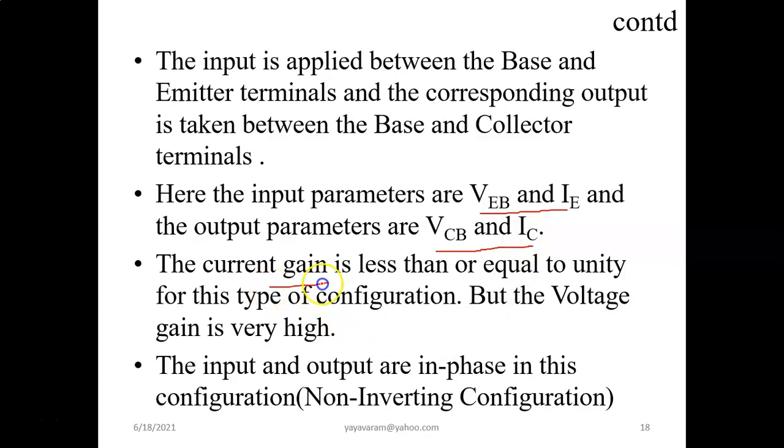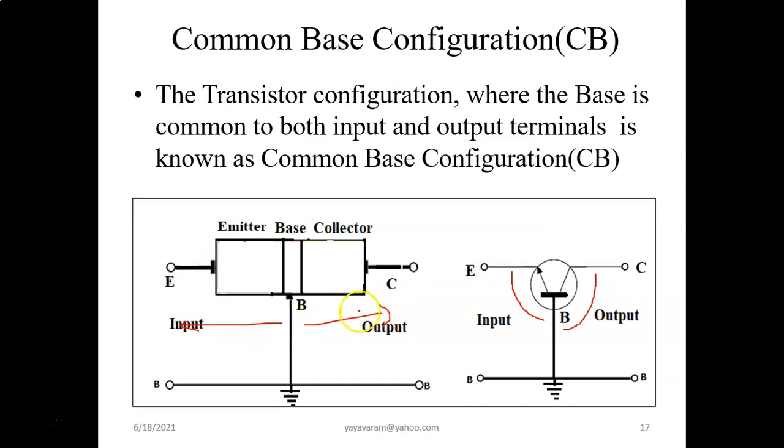So the current gain is less than or equal to unity. That's important. For common base, the current gain is very low, but the voltage gain is very high. And input and output are in phase. That means there will be no inversion; it is a non-inverting configuration. If I give an input like this, I get an output in the same phase.